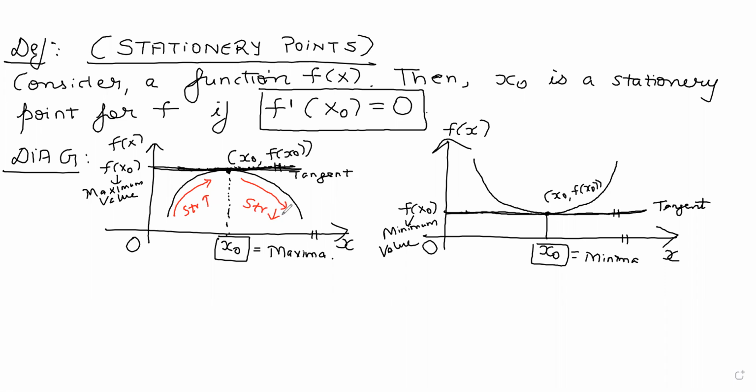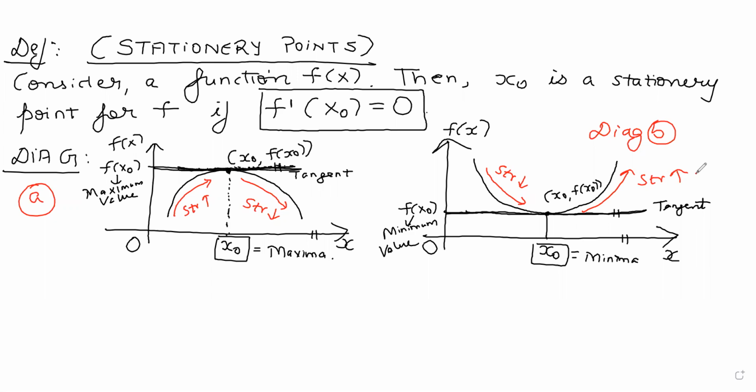Similarly, this is diagram A, this is diagram B. In diagram B, you can clearly see to the left of x0, the function is strictly decreasing, and to the right of x0, the function is strictly increasing. So hoping that students have understood this and have no doubts.